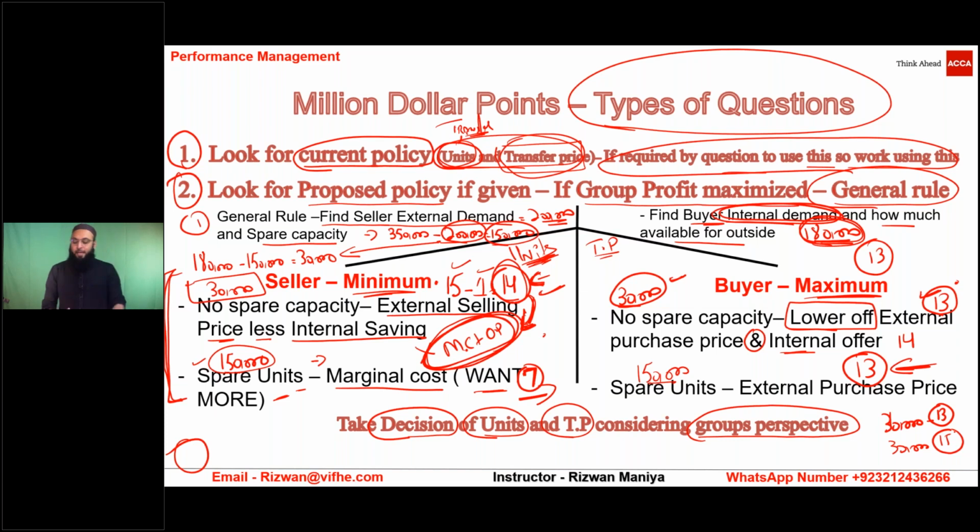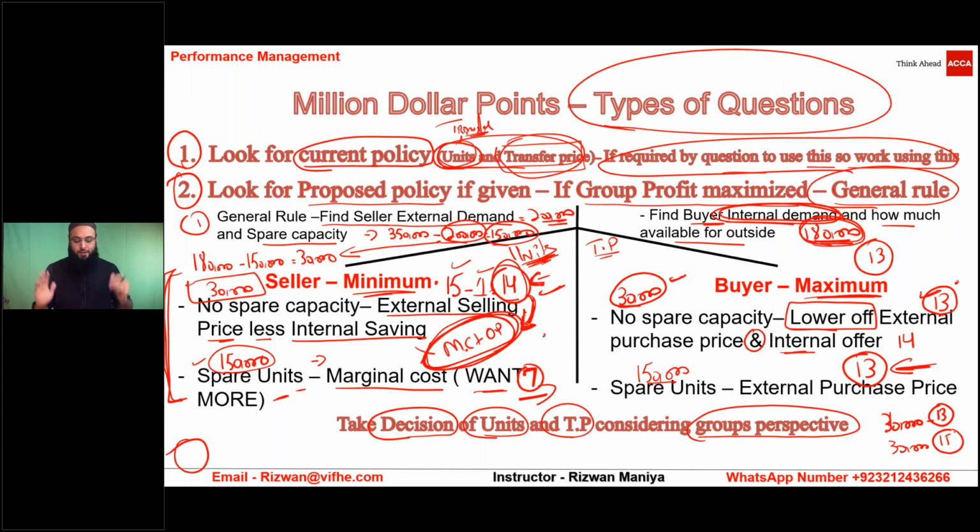Now, this means that for these 30,000 units which the seller was transferring to the buyer internally, it's clear that these 30,000 will not be transferred within the division because it's useless.